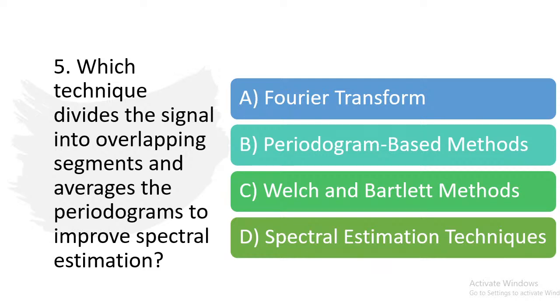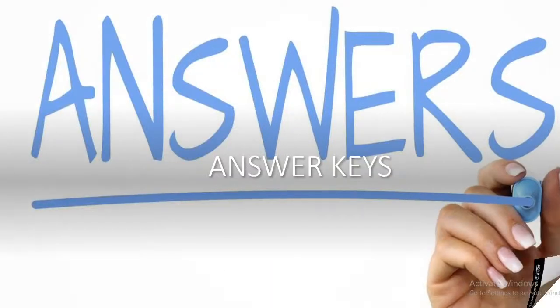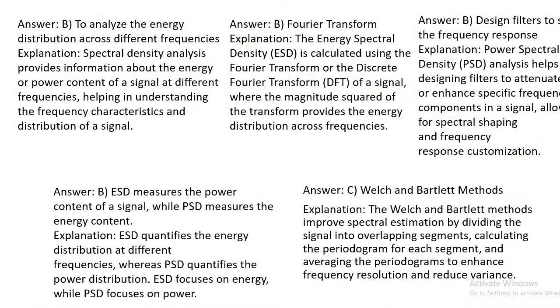Now that we have seen all the questions and the options, we'll go to the answer keys and compare your answers with the answer keys provided and the explanation next. So let us look at the answer keys.